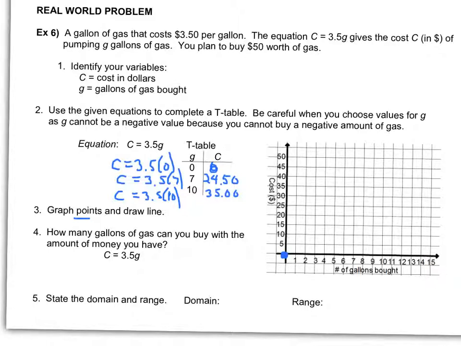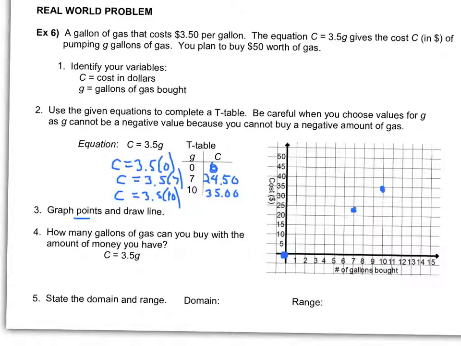So I'm going to go over to 7 here and go up to 24.50. Now there is no exact 24.50, so we'll just have to place it as close as we can. So it's going to go somewhere about there. Then when G is 10, you'll get 35. So that is that.